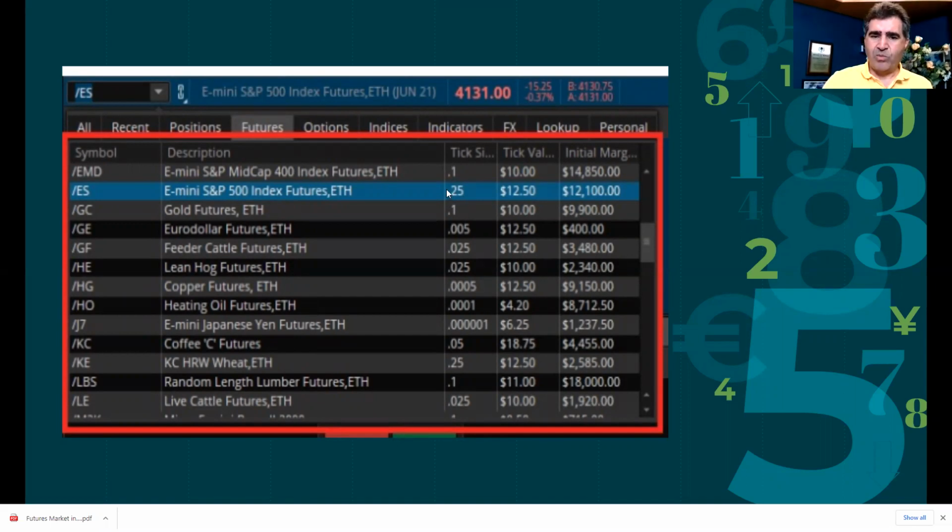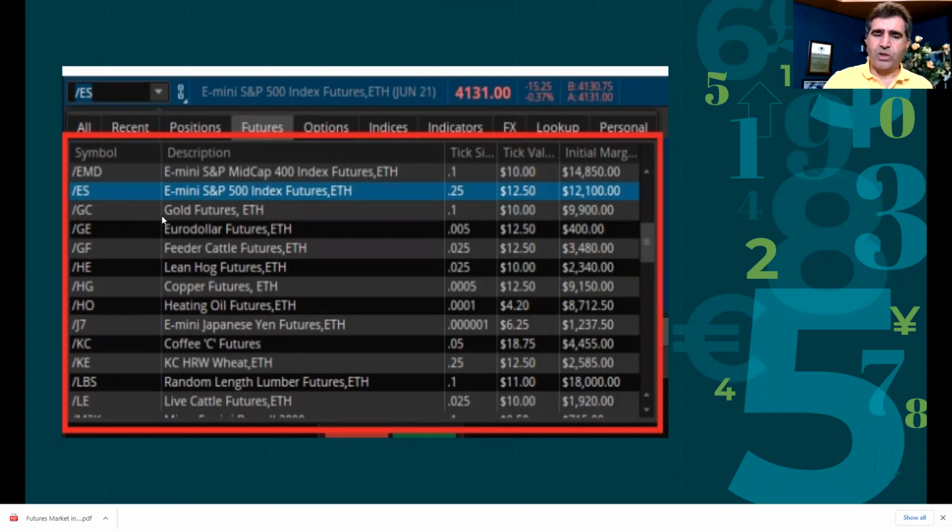And every 0.25 will make you $12.50. So as I mentioned, $1 is 4 times 0.25, so 12.50 times 4 is $50. Now, TD Ameritrade or thinkorswim, they require you to have $12,100 in your account for initial margin to be able to trade one contract of E-mini.